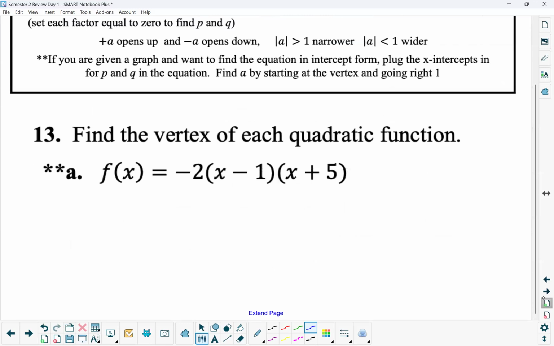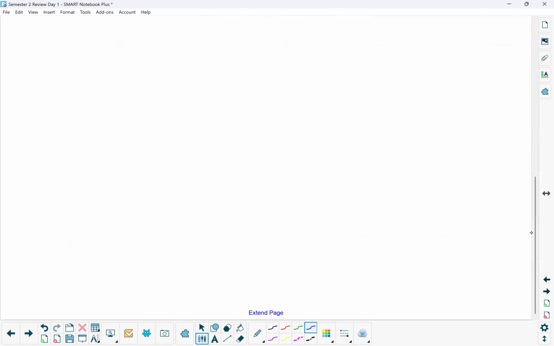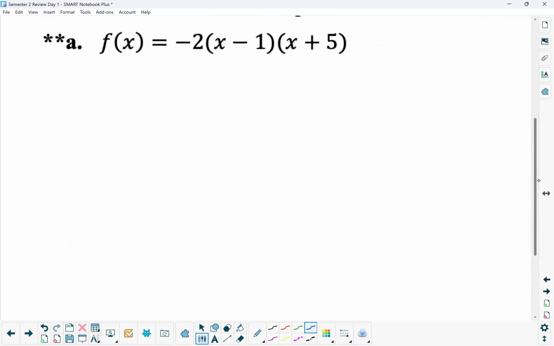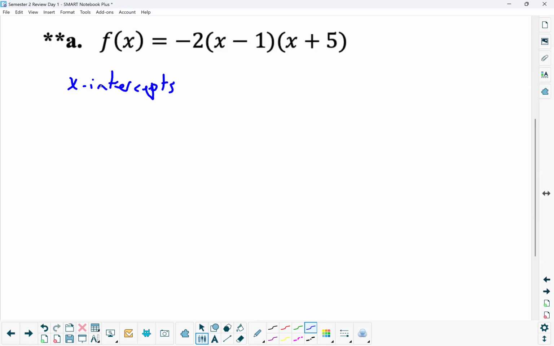So here it says find the vertex. In order to find the vertex, I'm going to start by finding the x-intercepts. Let's see, 0, 1. Sorry, 1, 0.